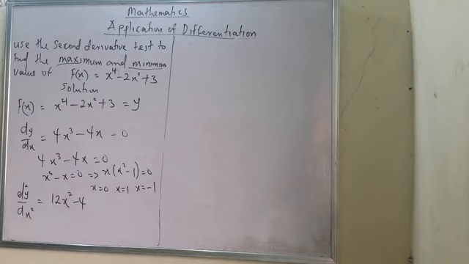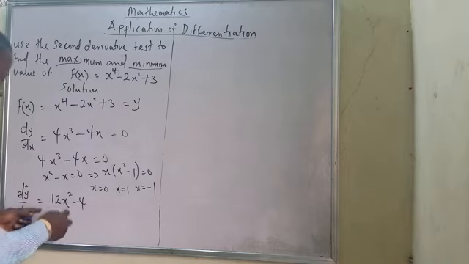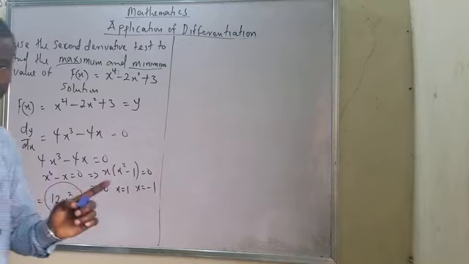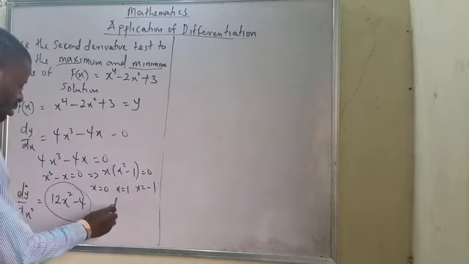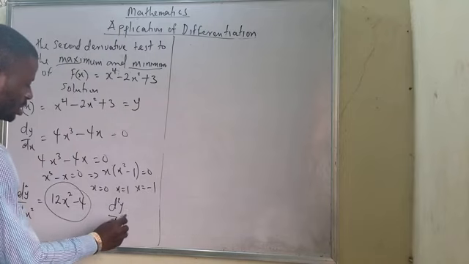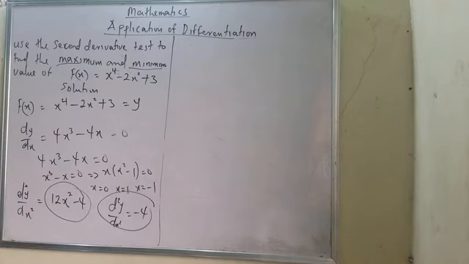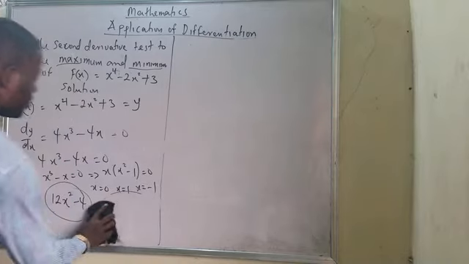Since I want to know whether it is a maximum or a minimum, and the second derivative is not a constant number like minus 4, the condition cannot be applied directly.